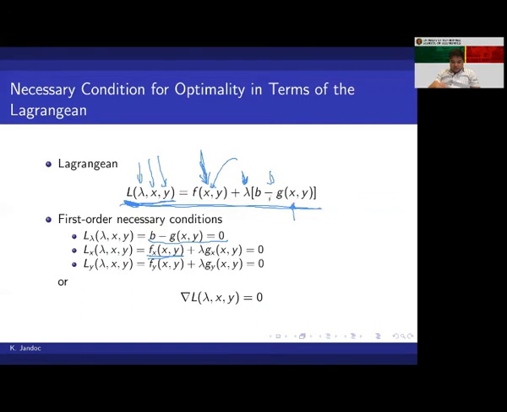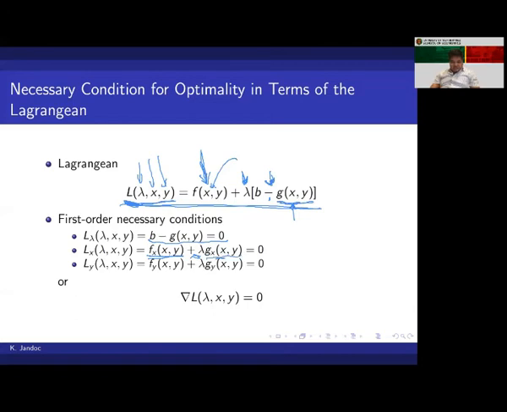We have a negative sign here, but lambda can be negative or positive, so by convention, let's just call it positive lambda. And so we have lambda times the partial derivative of g with respect to x.